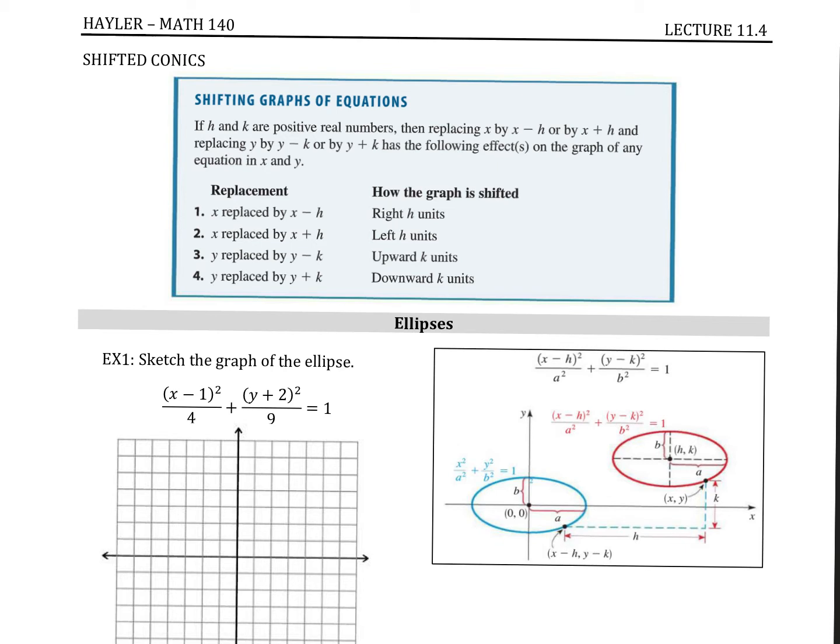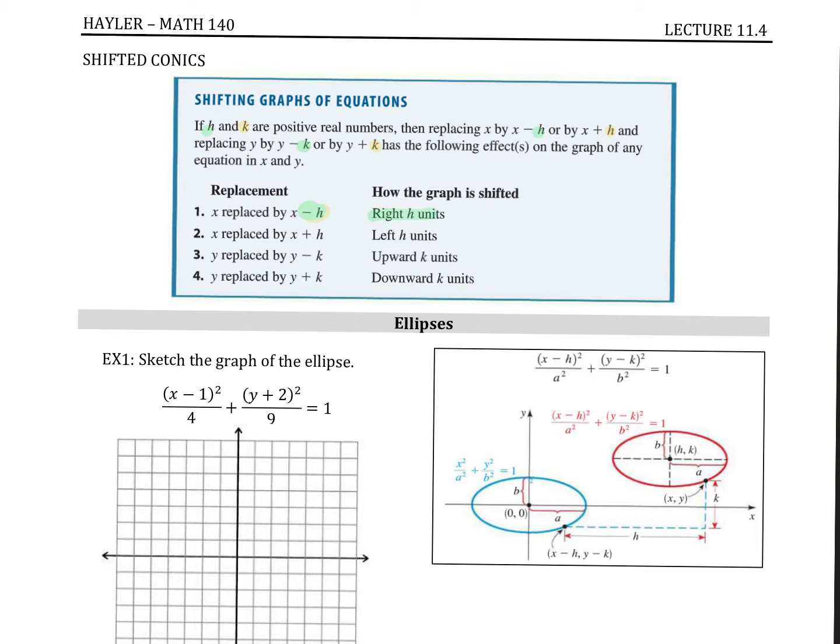If h and k are positive real numbers, then replacing x by x minus h or x plus h, and replacing y by y minus k or y plus k, has the following effects on the graph of any equation in x and y. If we subtract h from x, we go right h units.